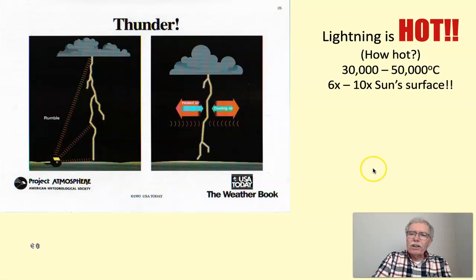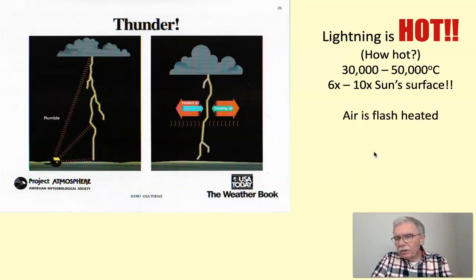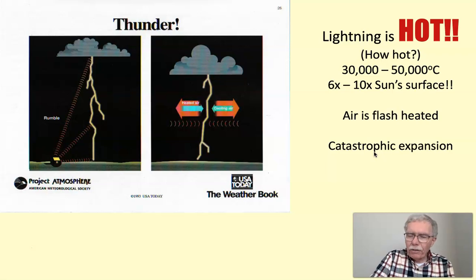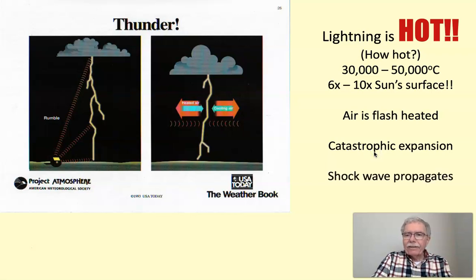And because it is so hot, the air around the lightning stroke is flash heated. That is, it undergoes catastrophic expansion. And this produces the bang of the thunder. The shock wave propagates out in all directions.